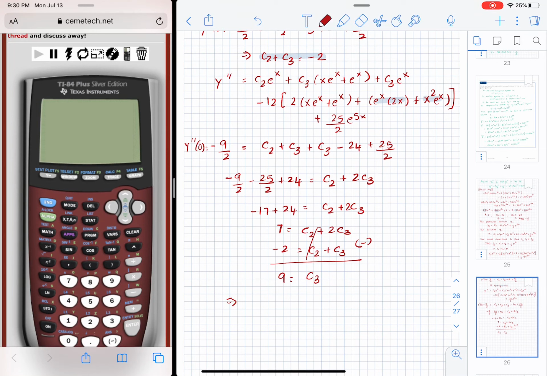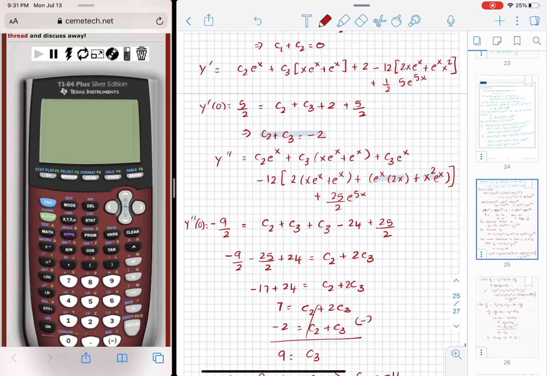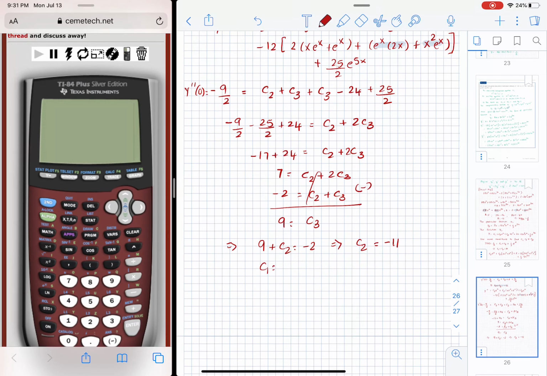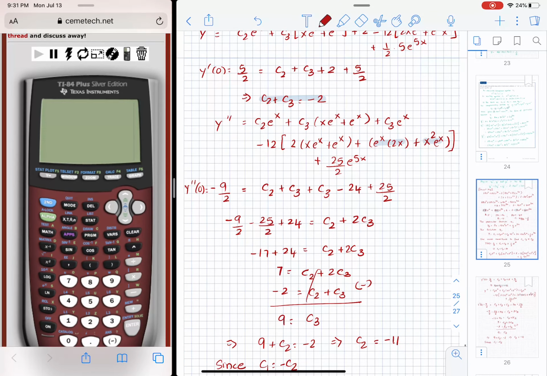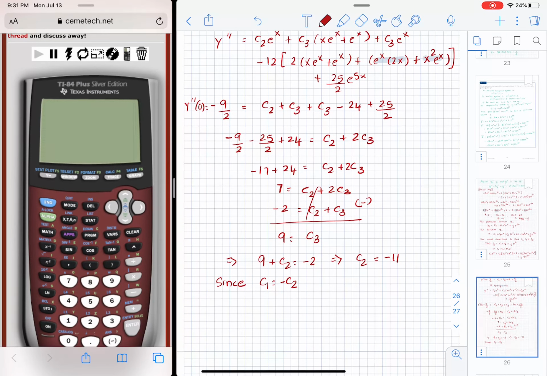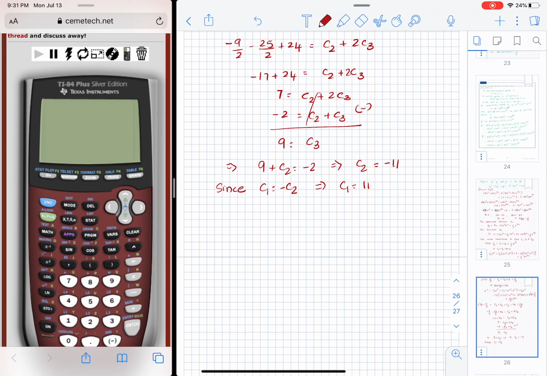This would imply 9 plus c2 equals minus 2, which would imply c2 is minus 11. And we know that c1 is equal to minus c2. That is from that step over there. We can simply plug that value in and we would end up getting c1 to be plus 11.